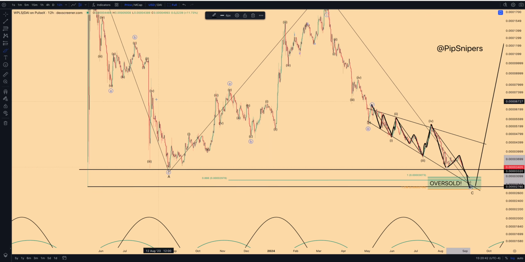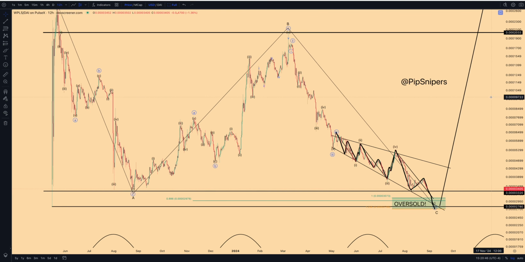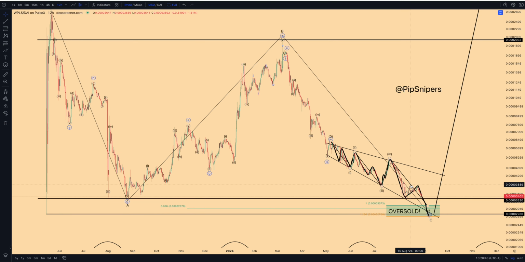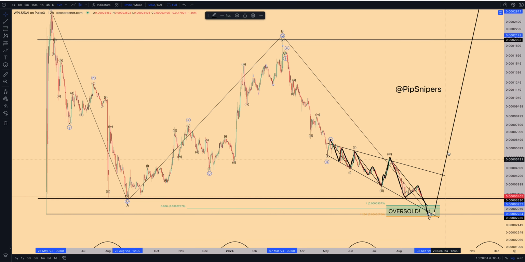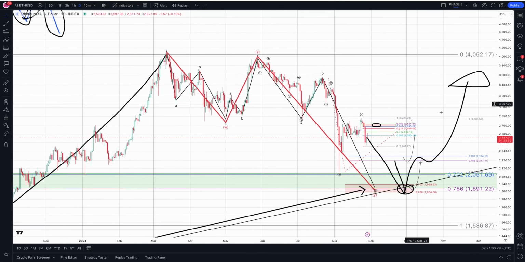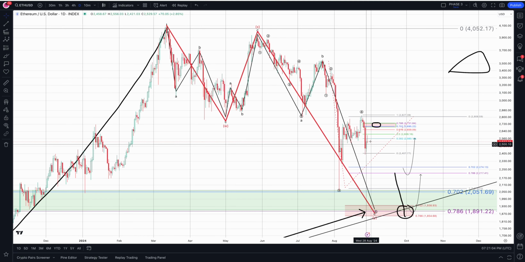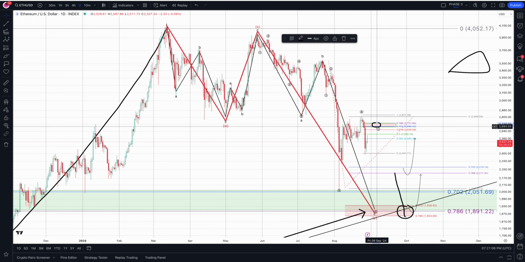So we're in the last stretch of this correction over here in the PulseChain ecosystem. As you can see, we're just about to finish up this fifth wave of this C wave. Okay, and then we can start our run up. And just remember that we are following in the footsteps of ETH, right? When we take a look at Ethereum over here, we do see a little rejection here at the 38.2% fib.